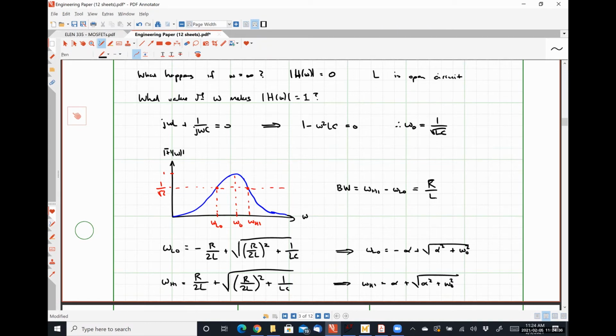So from there, if you know what the bandwidth is and you know what your center frequency is, you should be able to work everything out with the components, because you know the relationship for your bandwidth is R over L, and you know what omega low and omega high are, which helps you figure out what C is.